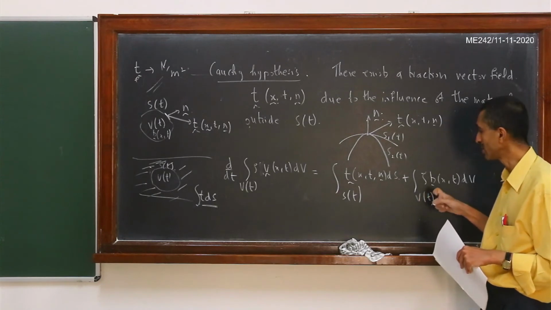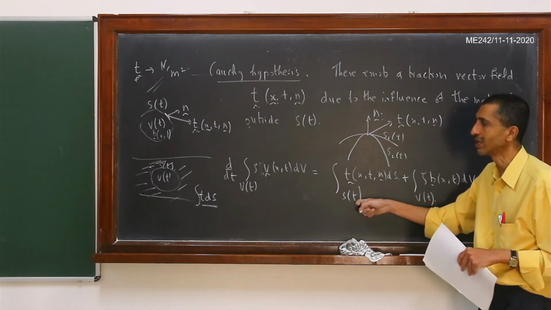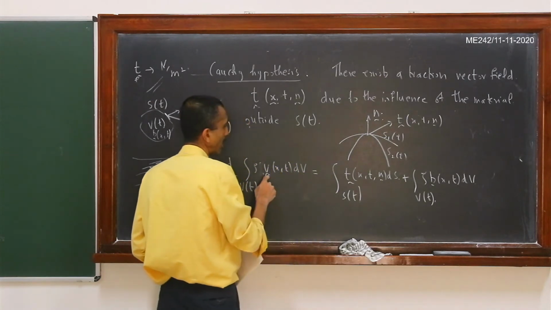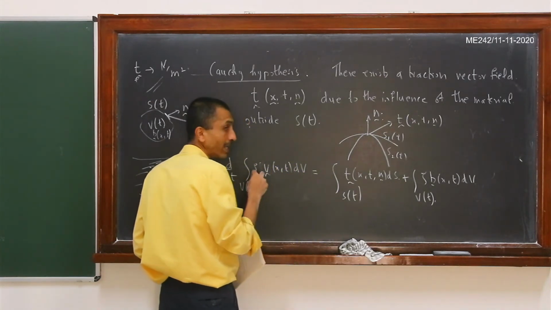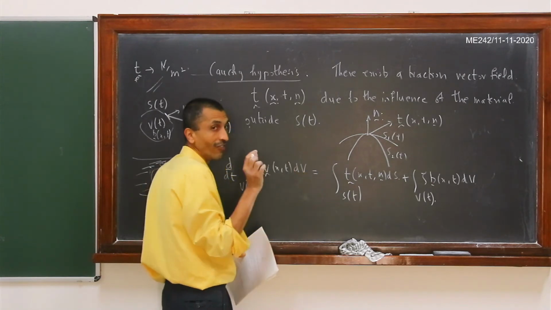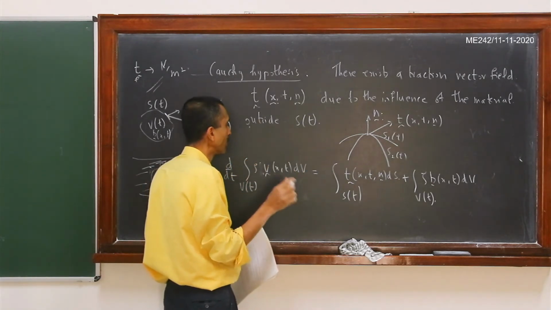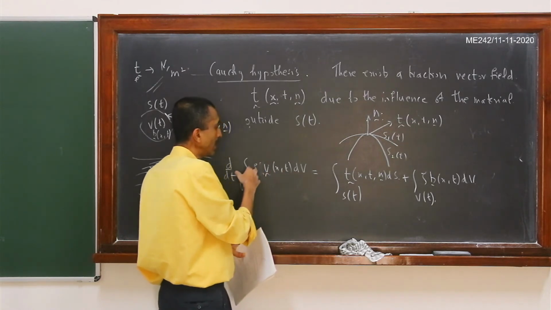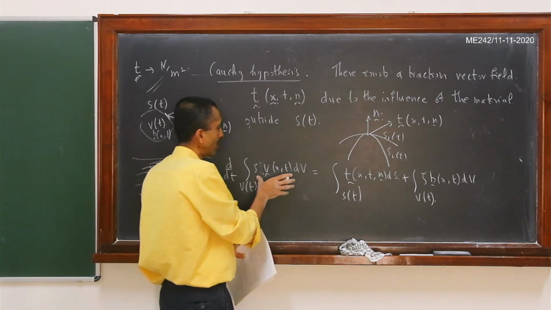So remember, this is a volume integral, this is a surface integral, and here rho times v gives us the momentum for an element of volume dV, and then when you integrate this whole thing, you get the linear momentum of the material volume.